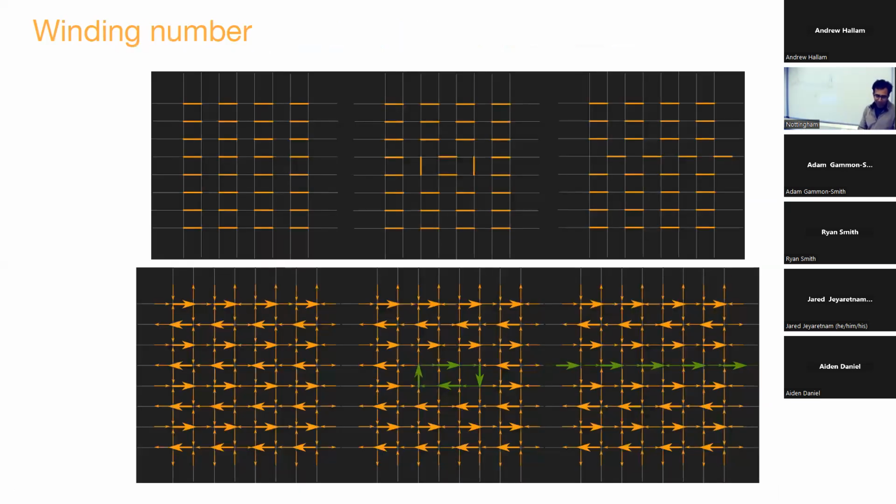You can define a quantity called winding number, which is essentially the flux stiffness. It is the value of the flux or the gradient of the height field.